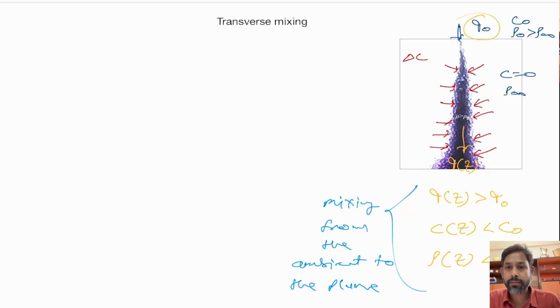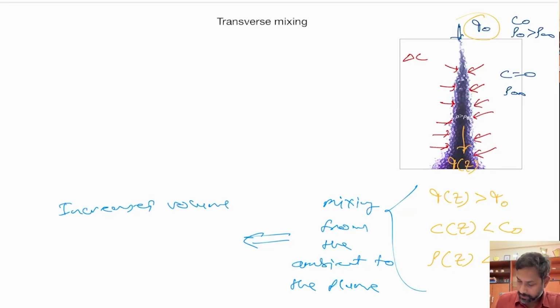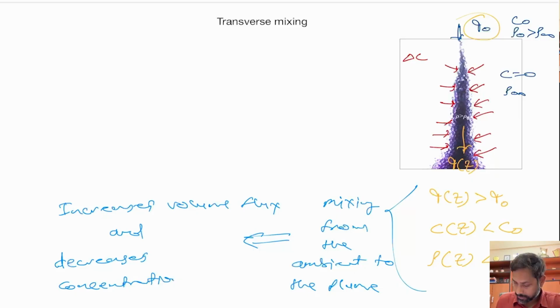So mixing between the ambient and the plume results in an increase of volume flux and a decrease of concentration and density, right?